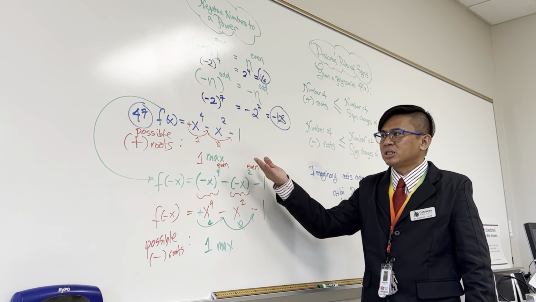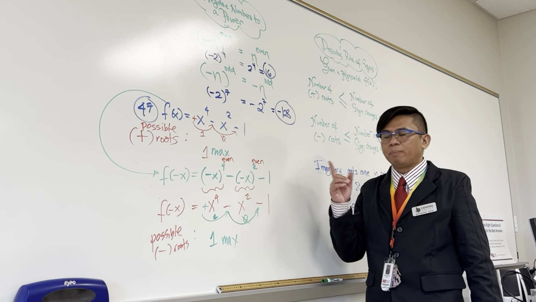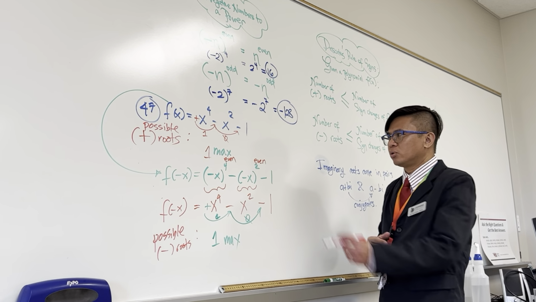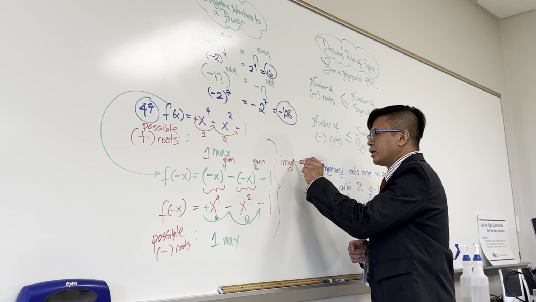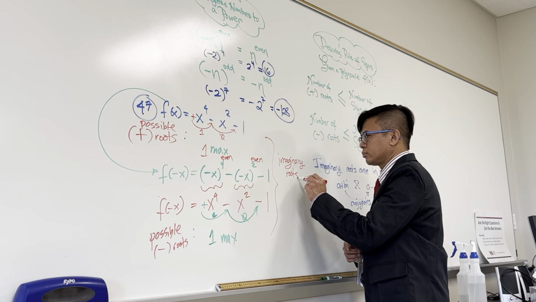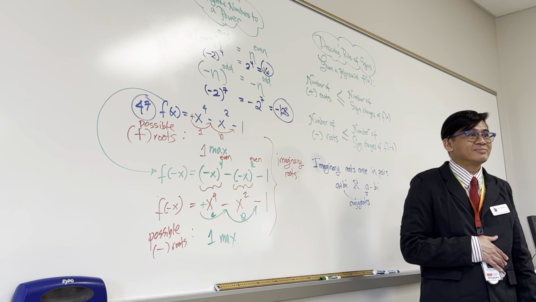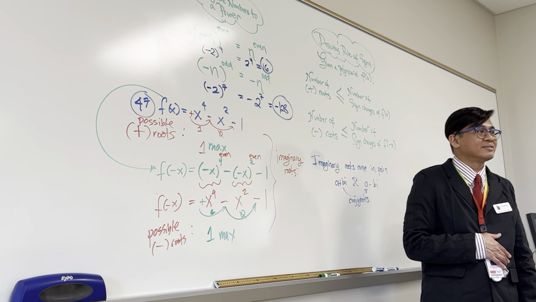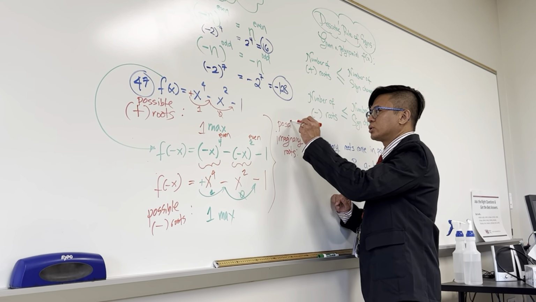If we have one maximum positive root and one maximum negative root, the question now is, how many imaginary roots can we consider for such, right? How many possible imaginary roots?